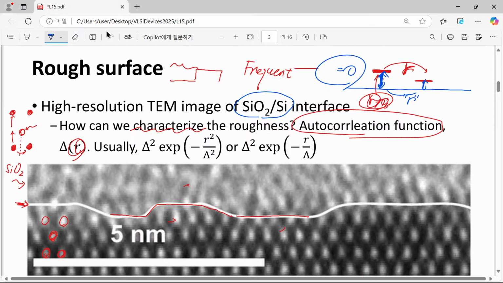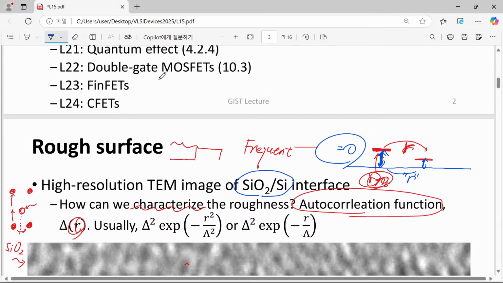For example, let's think about this one. If our system really has a property like this, where every atomic layer we have 1, minus 1, 1, minus 1, 1, minus 1, and we calculate the autocorrelation function when the distance is 1, then what we get is like this.